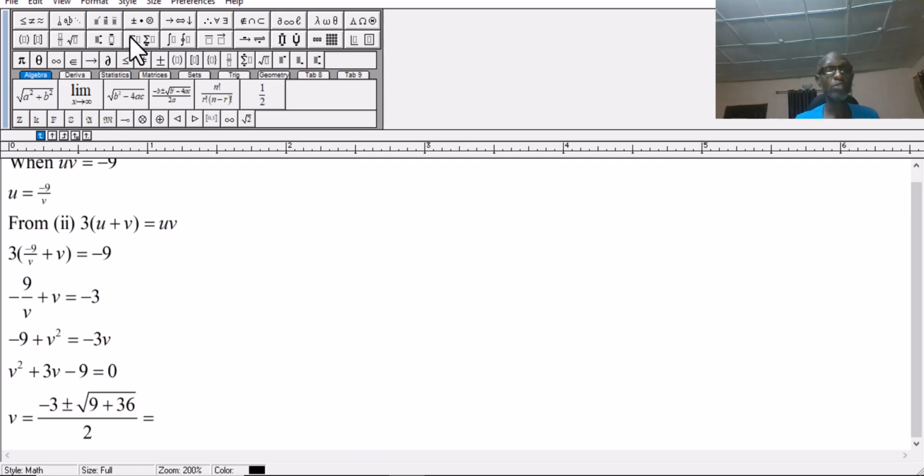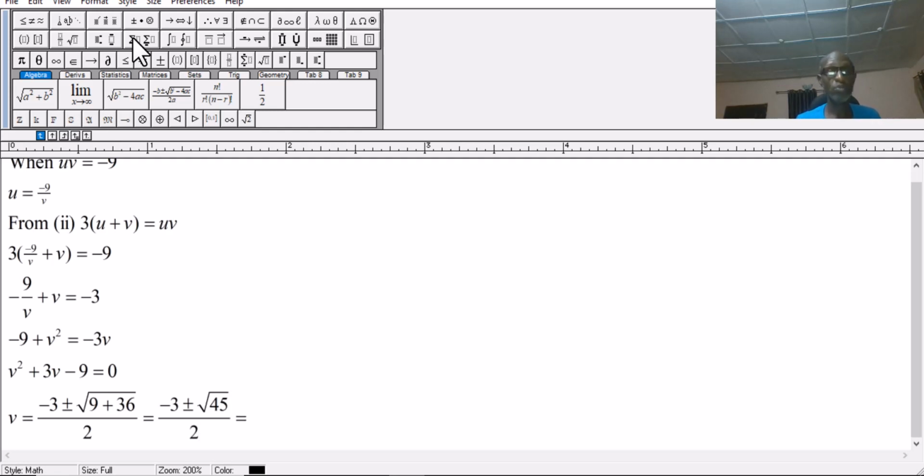So this gives us minus 3 plus or minus the square root of 45, all over 2.